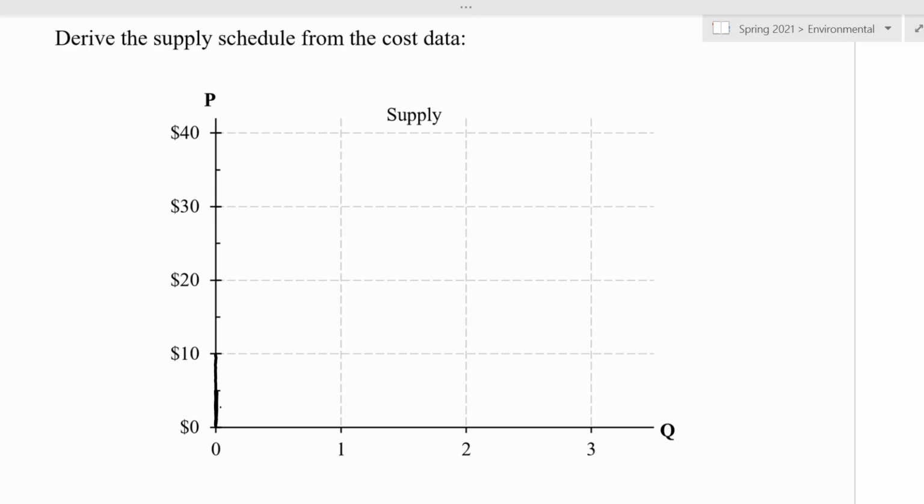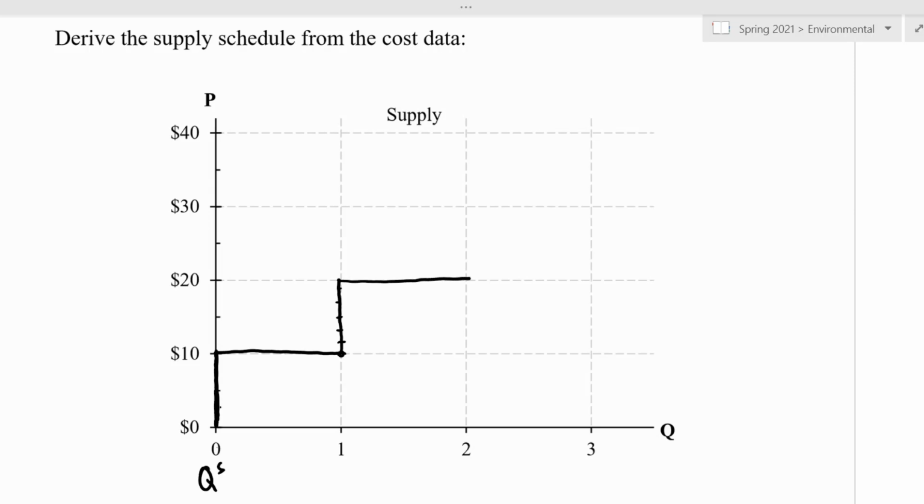So from 0 to $10, quantity supplied is 0. But at $10, Jack is willing to jump in and supply his service. So quantity supplied goes up to 1. He's the only one at $10, 11, 12, 13, all the way up to 20, so the quantity supplied remains 1.